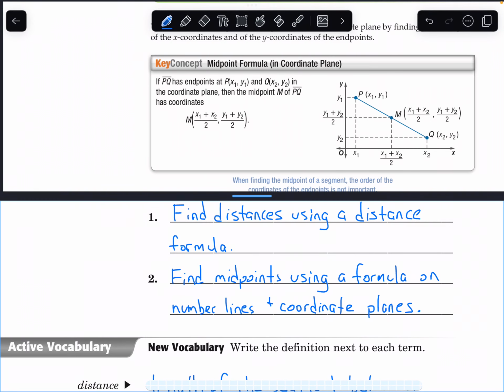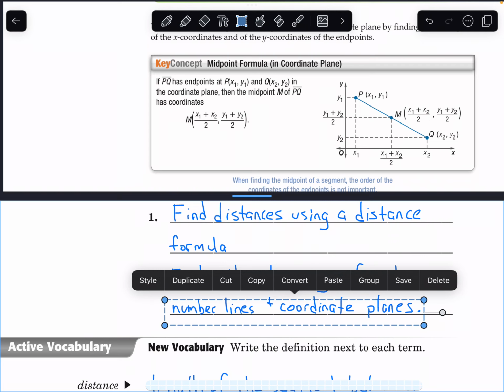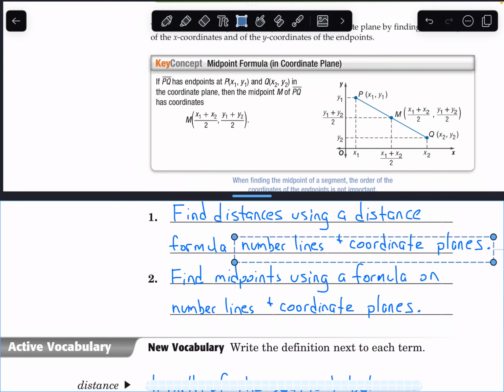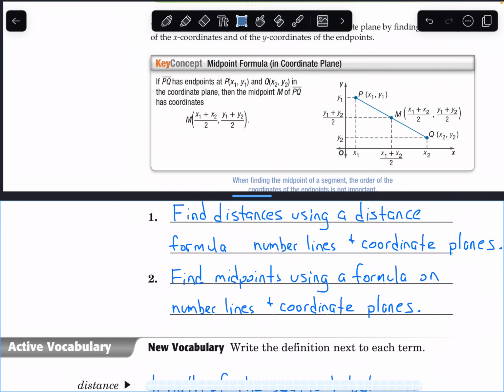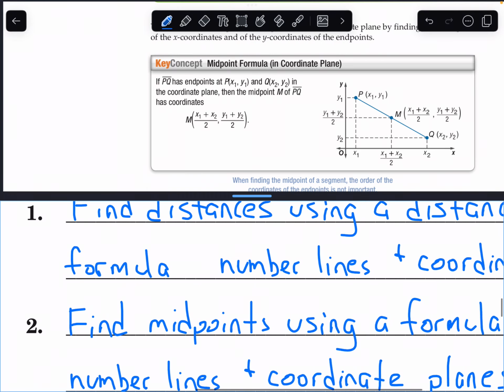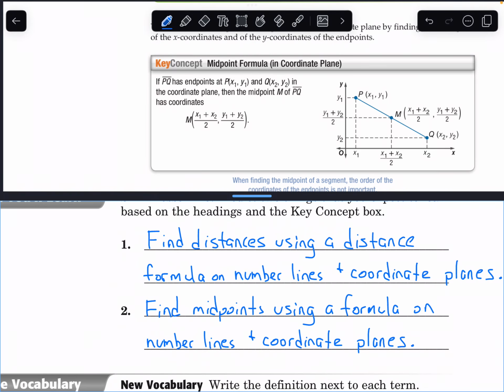And we could also include that last bit even up here. So I'm going to very lazily duplicate that there. I just need to re-add the words on number lines and coordinate planes.